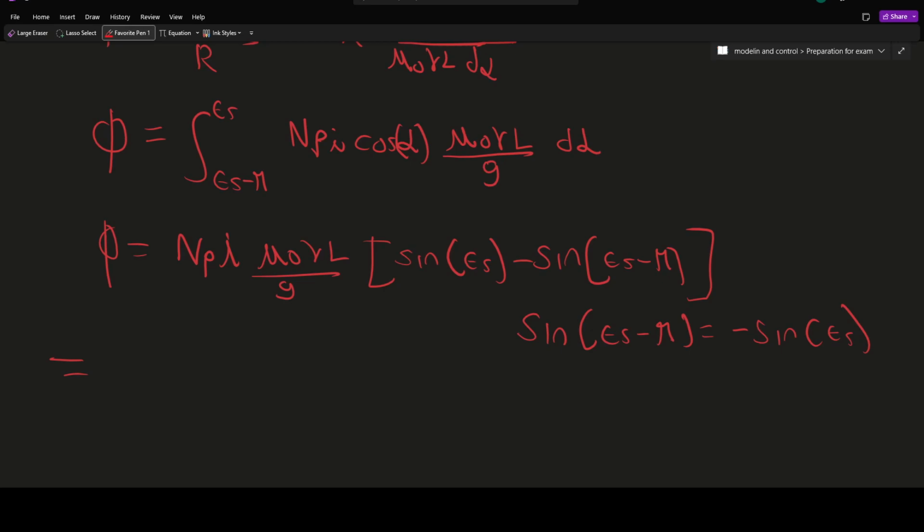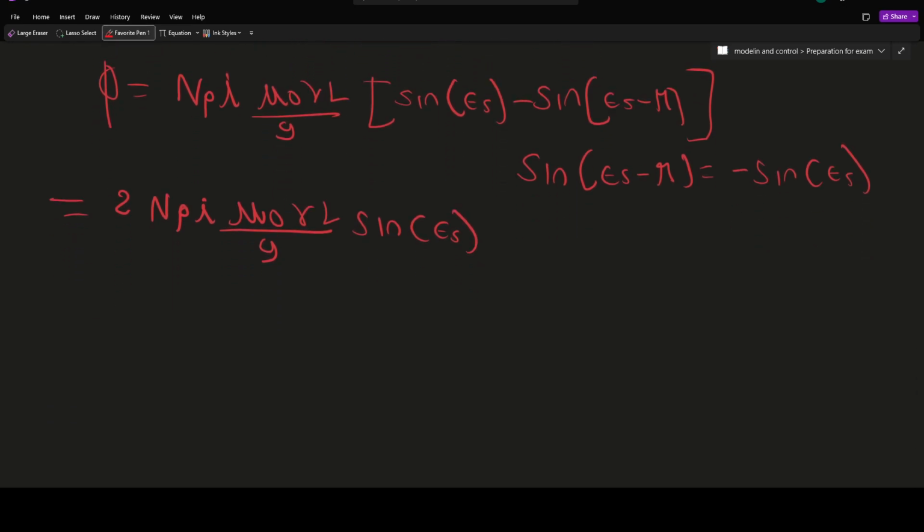So if we do this trig identity here, we are gonna have 2 m pi I multiplying our mu naught RL over G sine ES. Okay, so this right here is really important, and this is our self-inductance. Remember, this L is the length of the conductor. Okay, so we have flux linkage now.